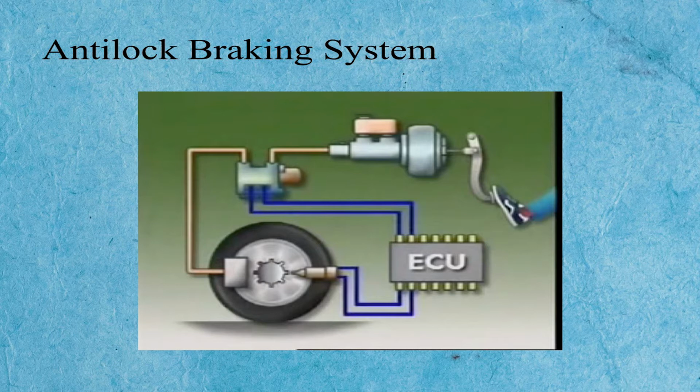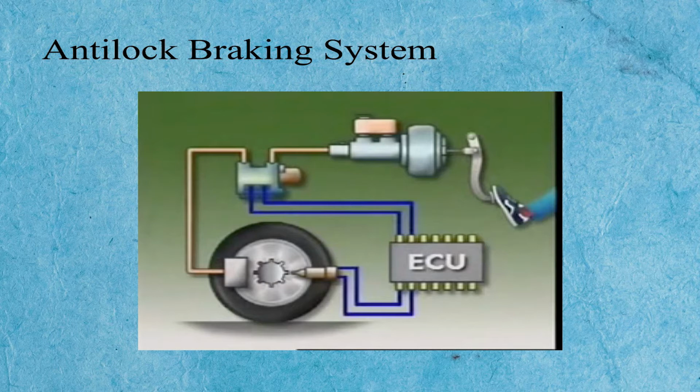So the idea is that we put a computer in, and the computer can pump the brakes way, way faster than a human being can, like 30 or 50 times a second. There's a sensor that monitors the progress of the wheel. It's spinning at a certain rate, and if that rate changes or it goes from turning real fast to not turning at all, that information gets sent to the CPU of the anti-lock brake system.